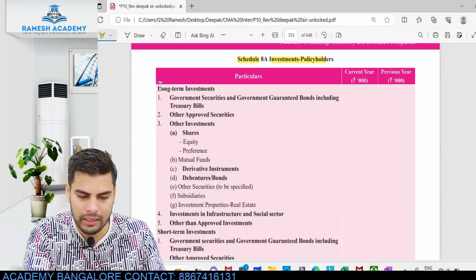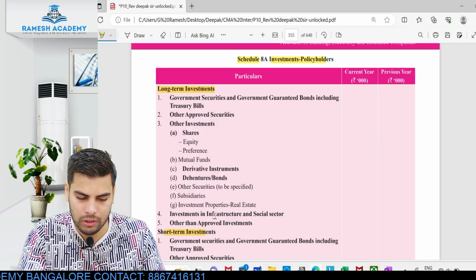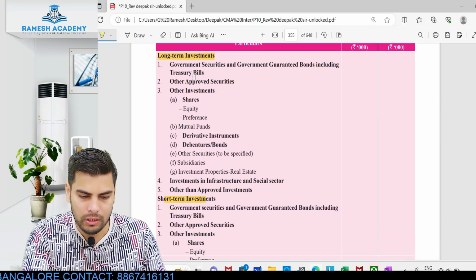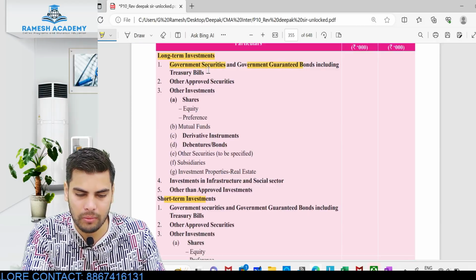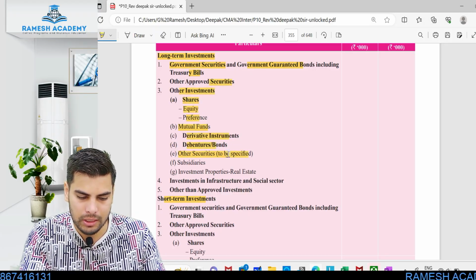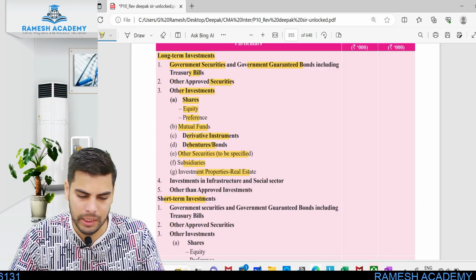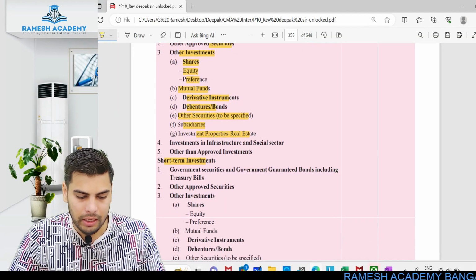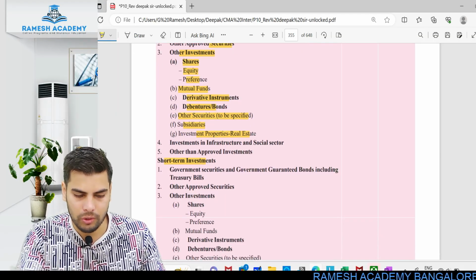If you see the content, it's the same thing, long-term investment and short-term investment. So till here it is the same: government securities, government guaranteed bonds, including the treasury bills, other approved securities, investment in shares, mutual fund, debentures, derivative, other securities, investment in real estate. Till here it is the same. Here we have got two more add-ons. So what are those?